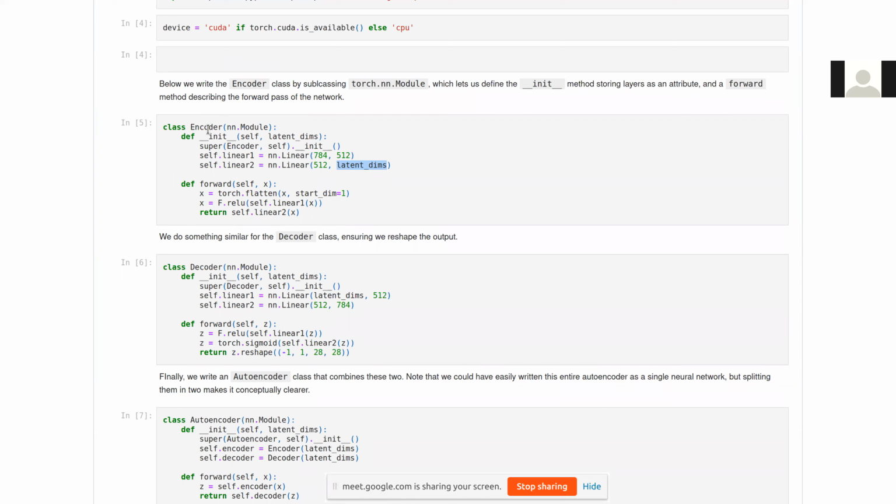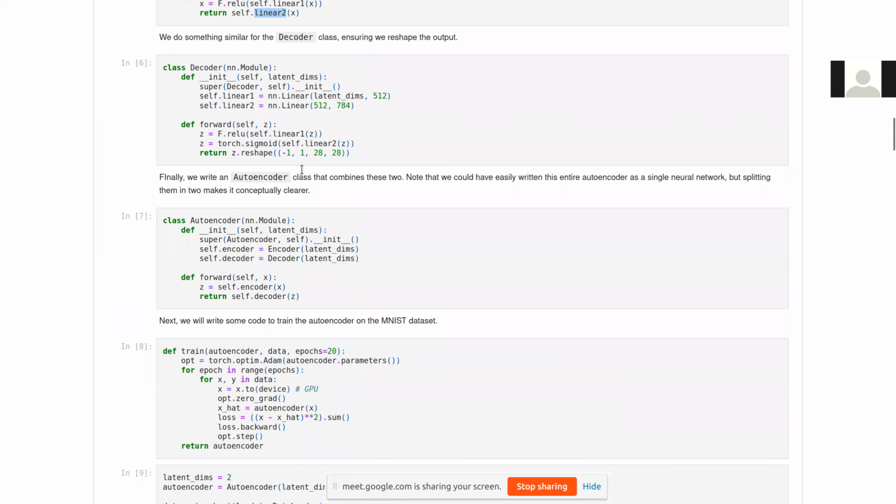And how to forward an input to the encoder? Flatten the input, convert it into a single one-dimensional array, pass it to the linear layer 1, apply the ReLU activation, pass it to the linear layer 2. Then the decoder is implemented as another class Decoder, and it is also a two-layer network, similar architecture, mapping latent dimension to 512, 512 to 784.